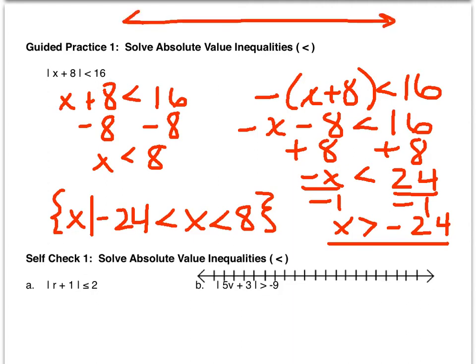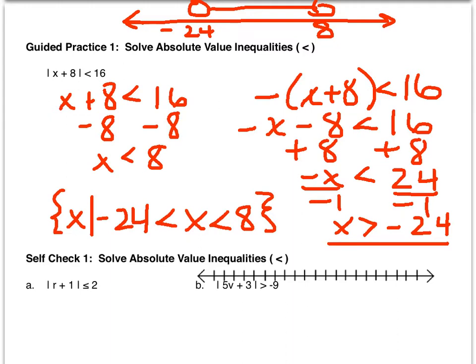On the number line, we have negative 24, and we have 8, and this time we have open circles. This is going to be a bit messy, and everything in between the two is going to be their intersection and therefore their solution. So everything less than 8 and everything greater than negative 24.